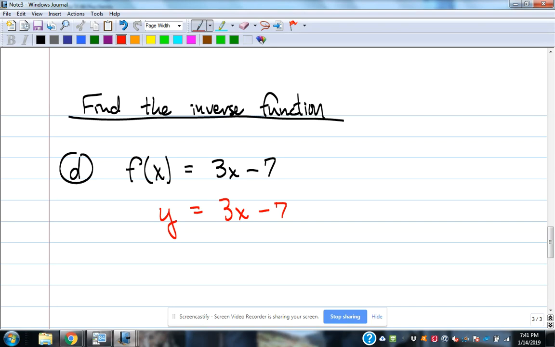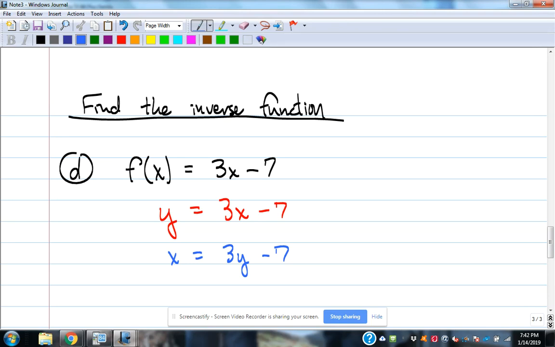So the first step is x equals 3y minus 7. You literally swap x and y. Okay. Once you've swapped them, you try to get y by itself again. That's your job. That's to find the inverse. That's what you're going to do.